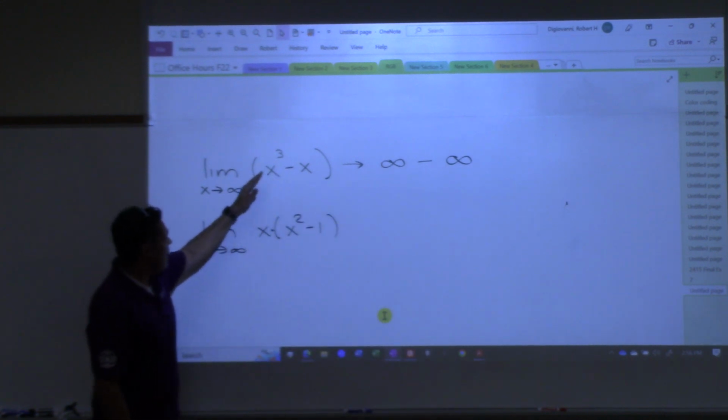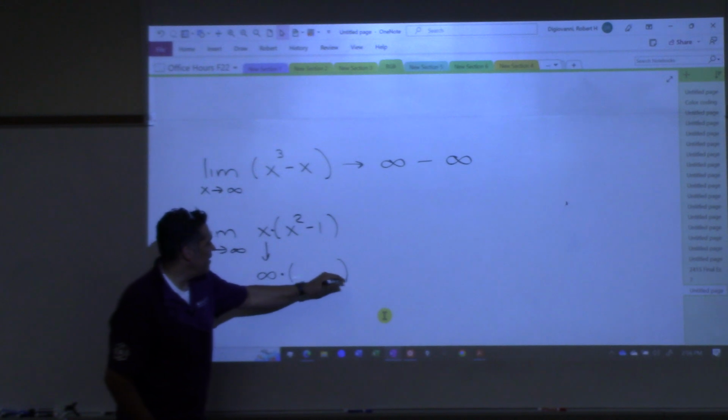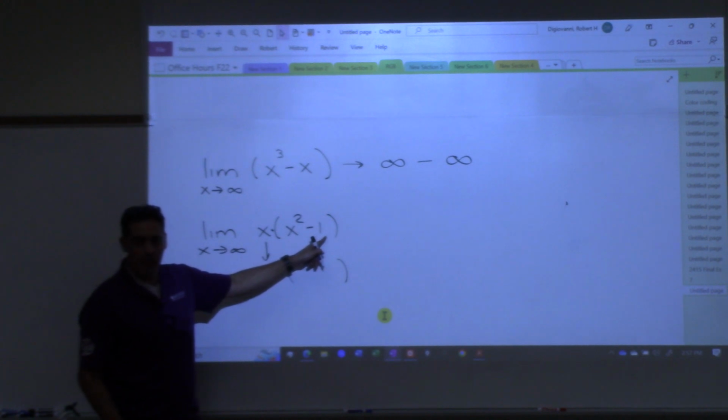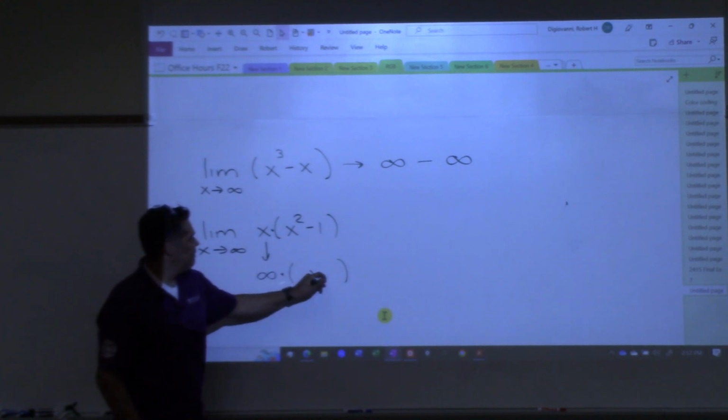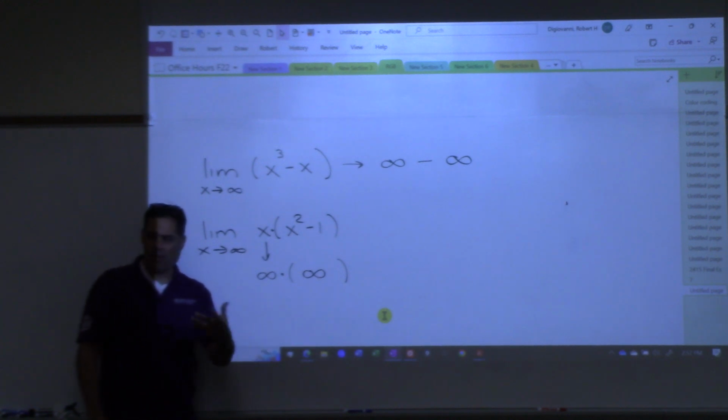But if I factor out, now what I have is a big number times what's happening in here: big number squared, take away 1. Still a big number, right? Now, if I have a big number times a big number, the answer is a big number.